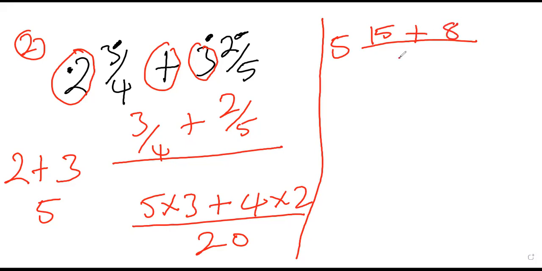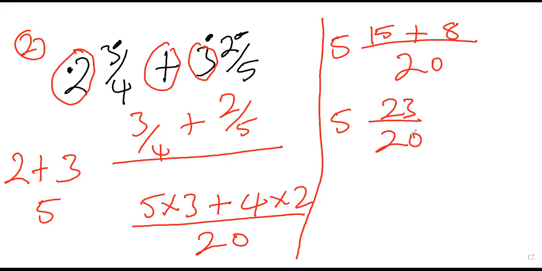Then you're going to have over 20. So you're going to add the two numerators. You still have your 5 right here. 15 plus 8 is going to give us 23, over 20.